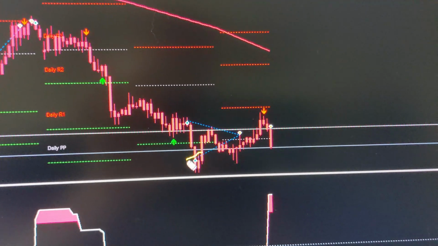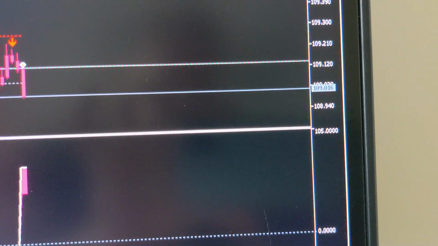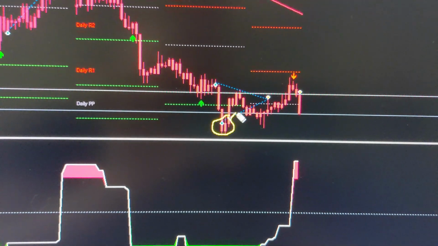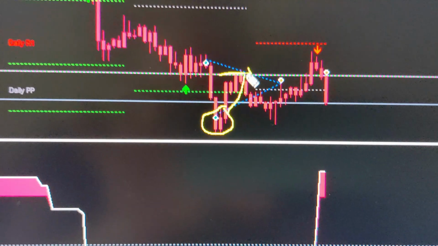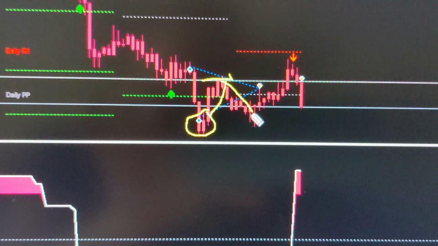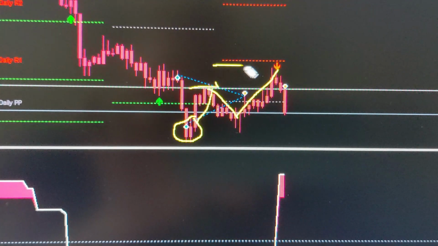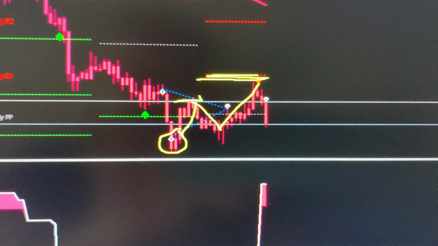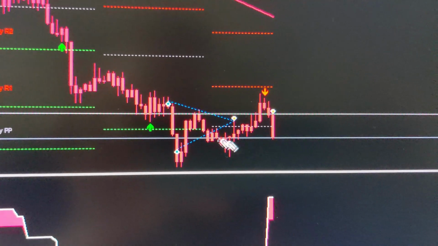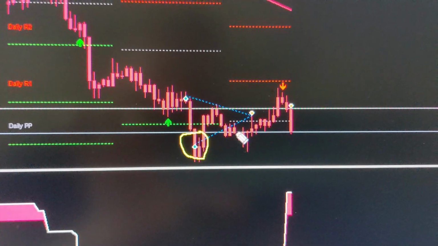And I did enter down here near the round number at 1.09, and it did get that pullback, and it didn't go high enough before it fell back down again, but had another go at it, and then hit near the first resistance point here on the daily pivot level, and then fell. So I guess I got that second trade on the money right there.